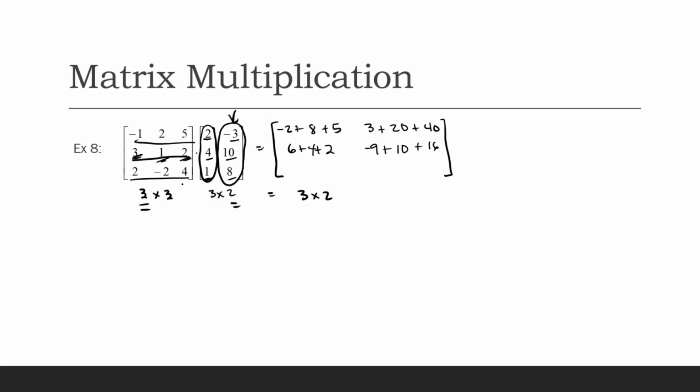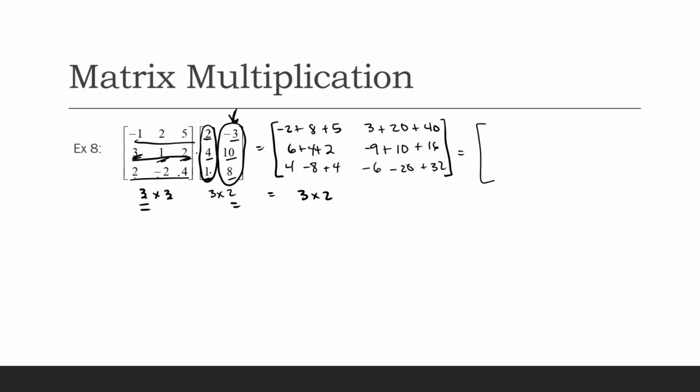And now we move to the third row, and I do 2 times 2, negative 2 times 4, and 4 times 1. And then I do it by the second column, and I'll do 2 times negative 3, negative 2 times 10, and 4 times 8. And then I add all these up.